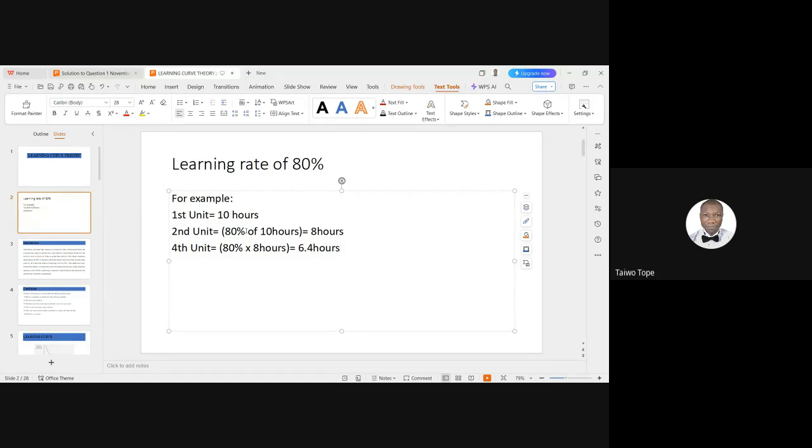Then it slows down as the workers become highly skilled. As you become an expert in a particular task, there will be no effect of the learning curve again. It will be meaningless at that point, because no matter how you try, you still use 1 hour.